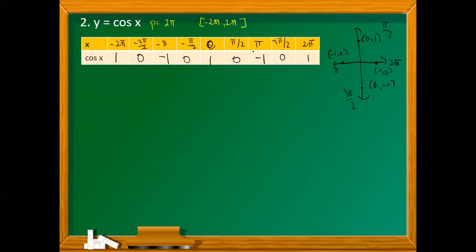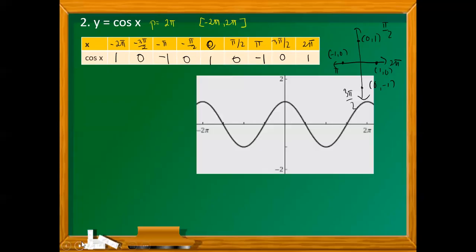Now, plotting the points here and connecting the points into a sinusoidal curve, we will come up with this graph. So take note that this is negative 2 pi, 1, while this is negative 3 pi over 2, 0. So this is our negative pi, negative 1.